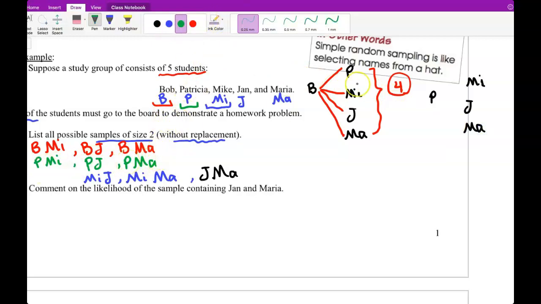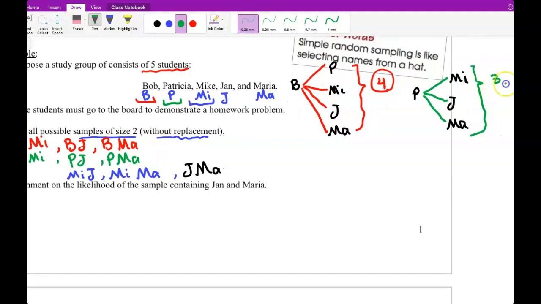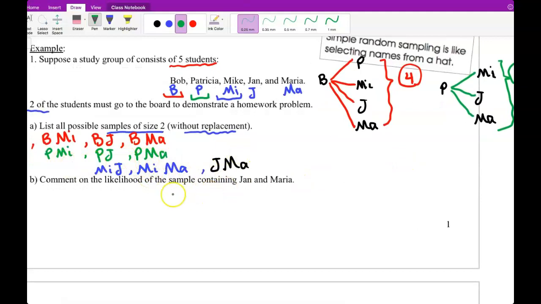We have the green color, and I had 3 possible samples for this part. Then after that, we started here. We have Mike, and then Jane, Maria. I use black color for these.